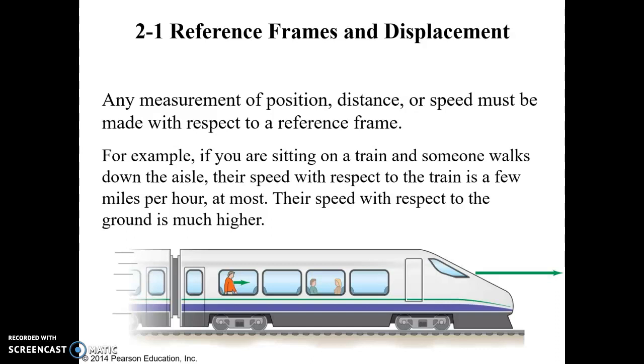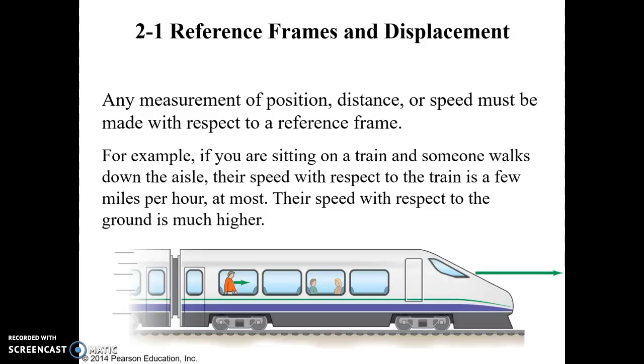Well, that's a difficult question to answer without establishing a frame of reference. Are we talking about how fast you're traveling with respect to the train itself? If so, you're probably only walking maybe 2 miles per hour.